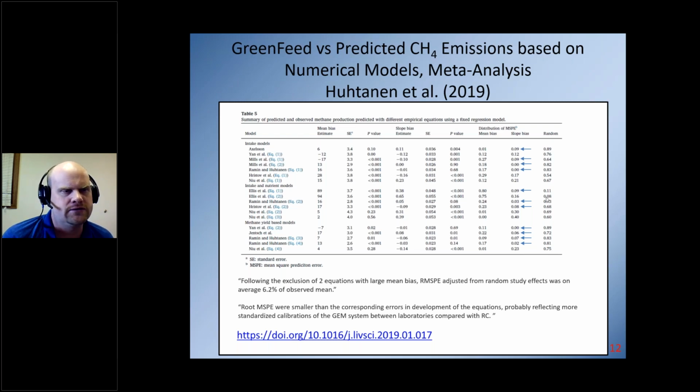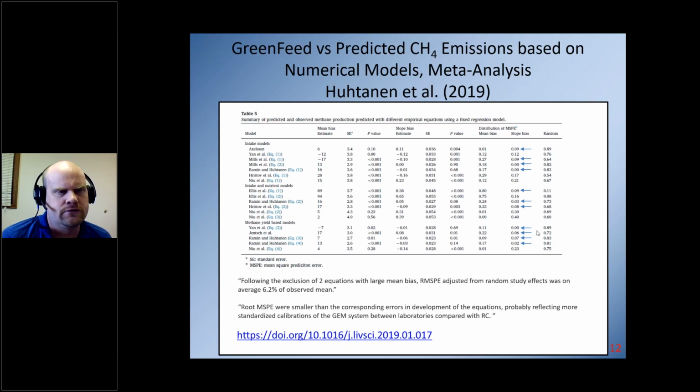Pekka Huttunen in this paper compared, based on the parameters in the study, such as feed intake, he predicted what methane emissions should be using each model. And then he also had the result of the GreenFeed. So this would be GreenFeed versus predicted model results.